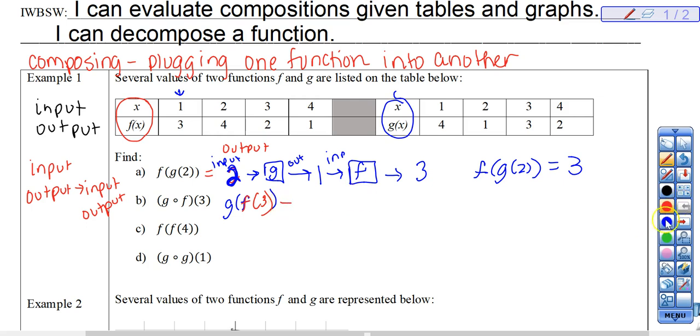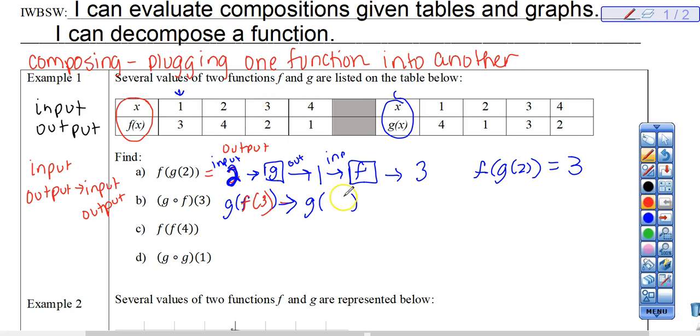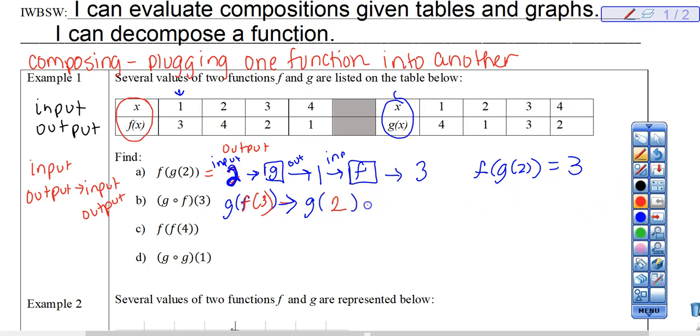So this means the g of, what's the f of 3? The f of 3 is 2. I'm replacing the f of 3 with its response, 2. And then I'm going to go, all right, so the g of 2 is 1.